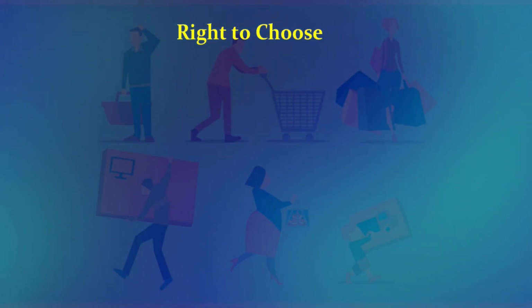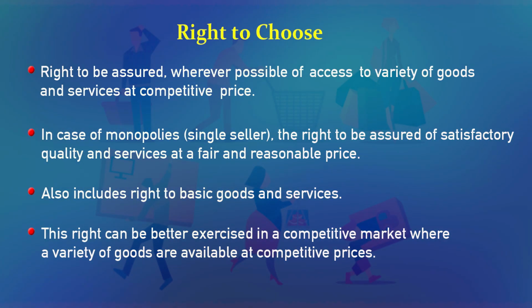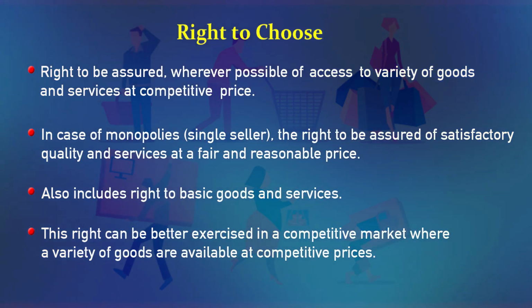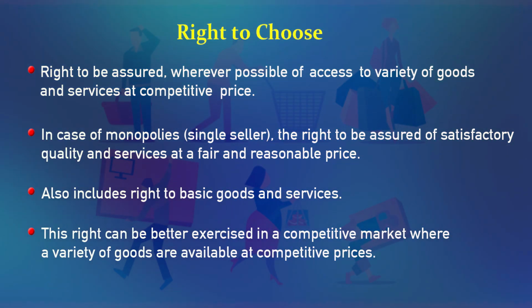Then the next right is the right to choose. As consumers, we have the right to choose a particular commodity. That means there must be adequate commodity available in the market. Very often, some of the traders come together, form a cartel, and decide not to release all the brands in the market, even the same brand.